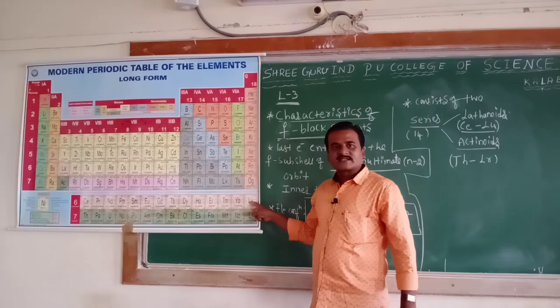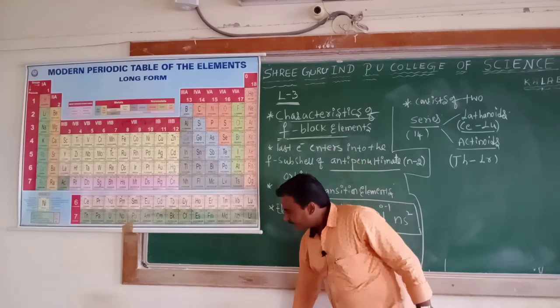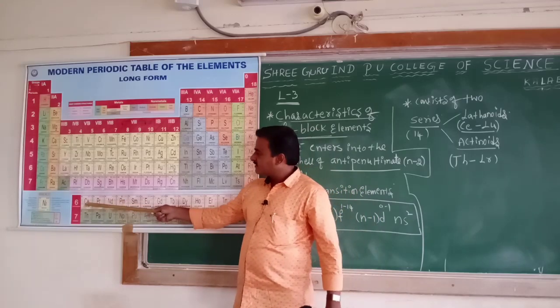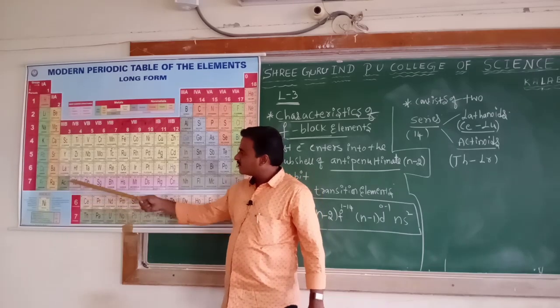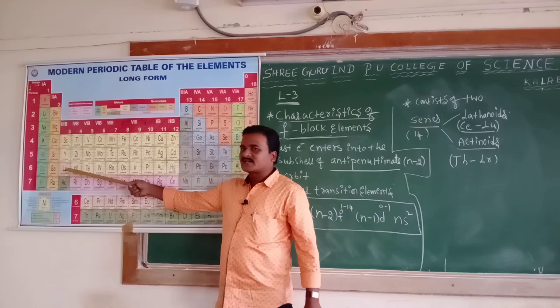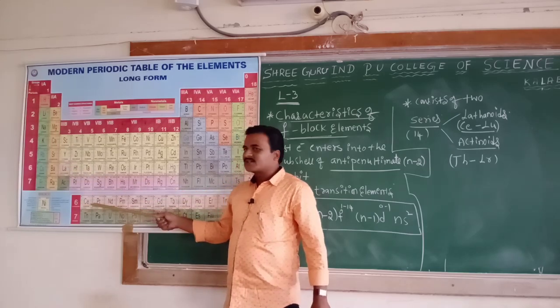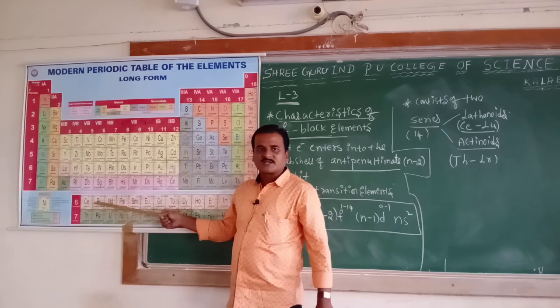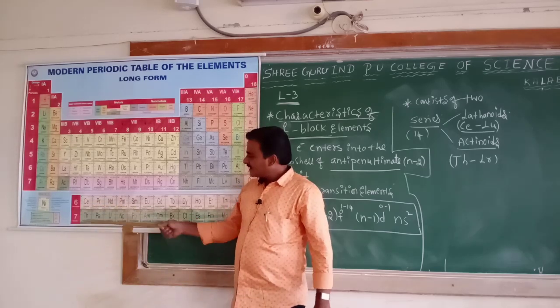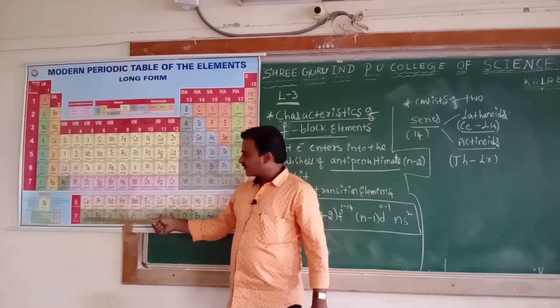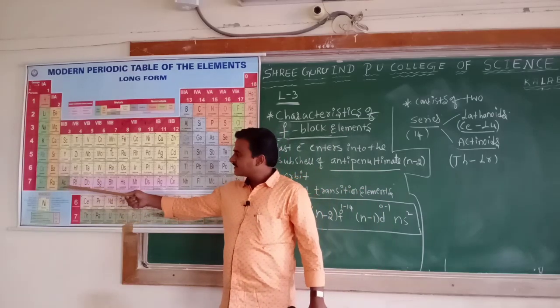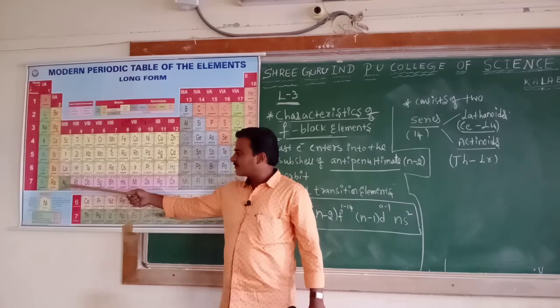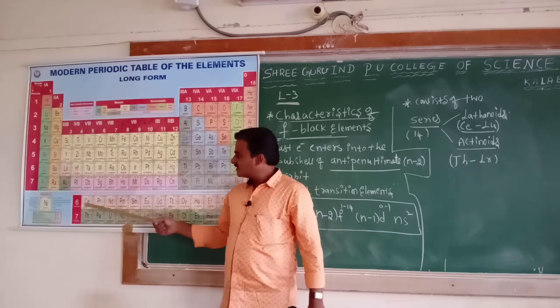The lanthanoid series, cerium to lutetium, belongs to the 6th period after the element lanthanum, in which the electrons enter into the 4f subshell. Then the actinoid series from thorium to lawrencium belongs to the 7th period after the element actinium, in which the electrons enter into the 5f subshell.